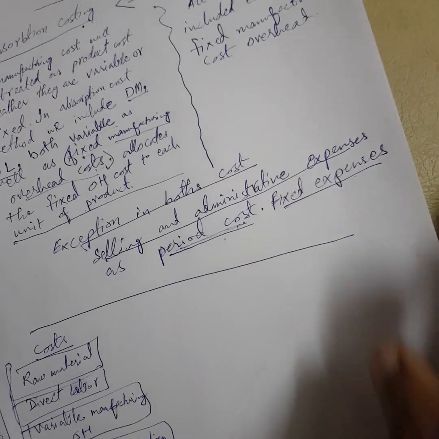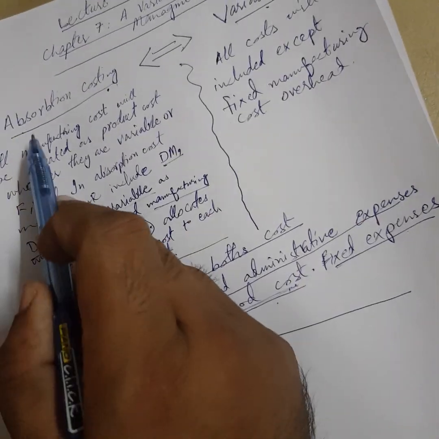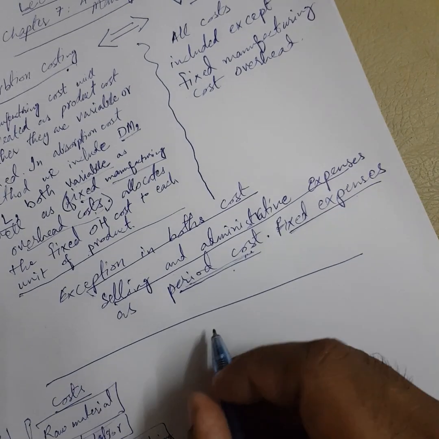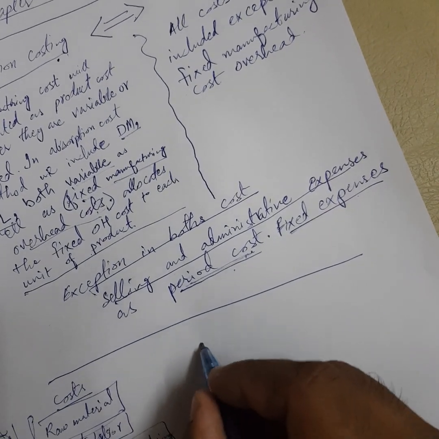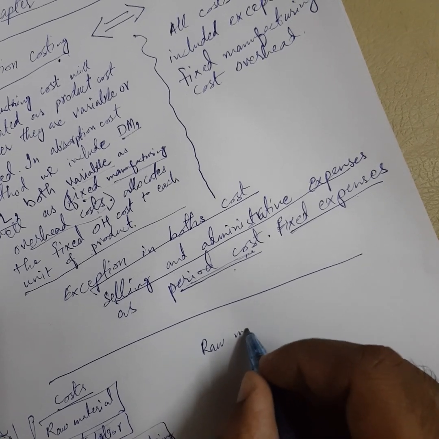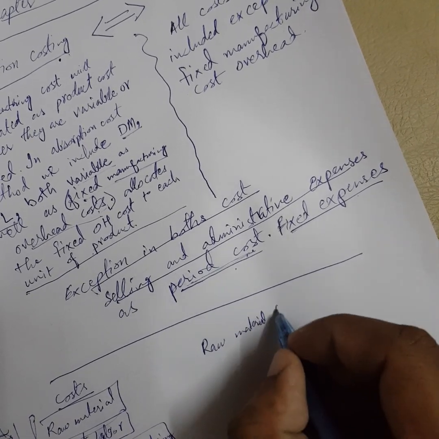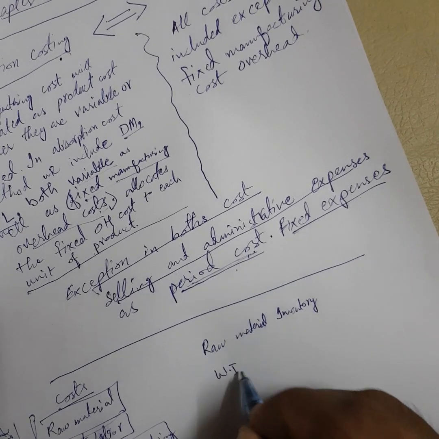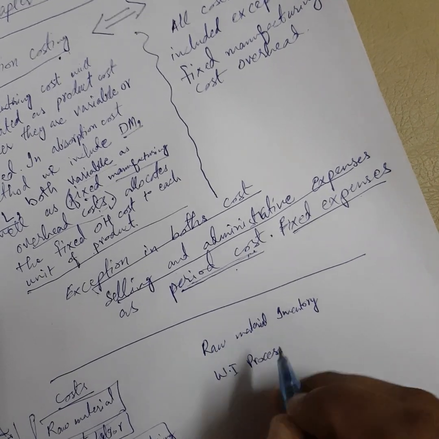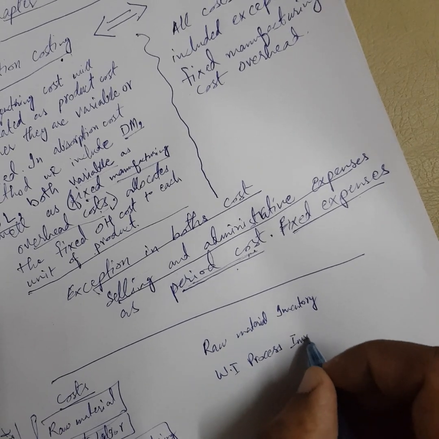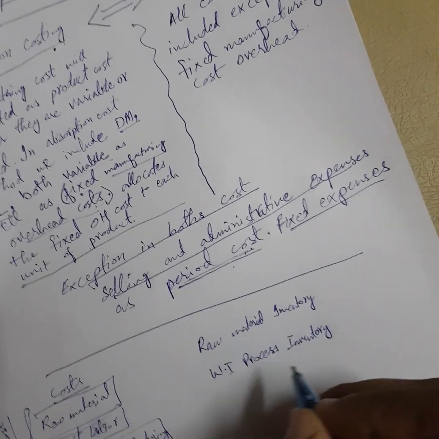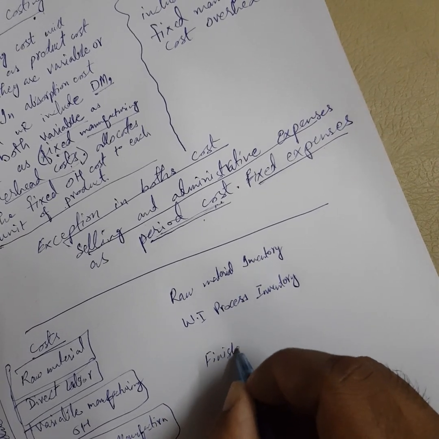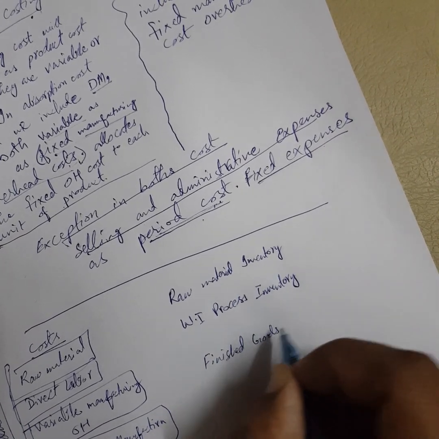Now, to illustrate the concept of the absorption costing method and the variable costing method, I want to include raw material inventory, work in process inventory, and finished goods inventory.